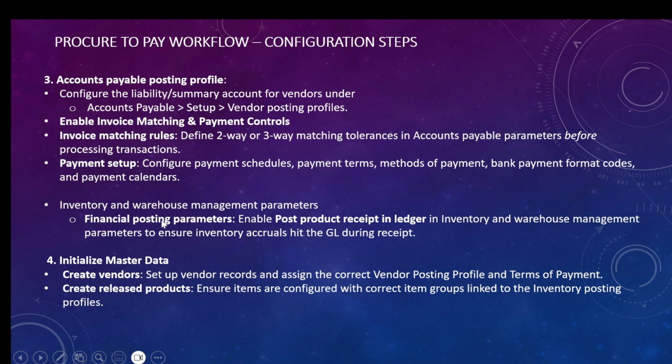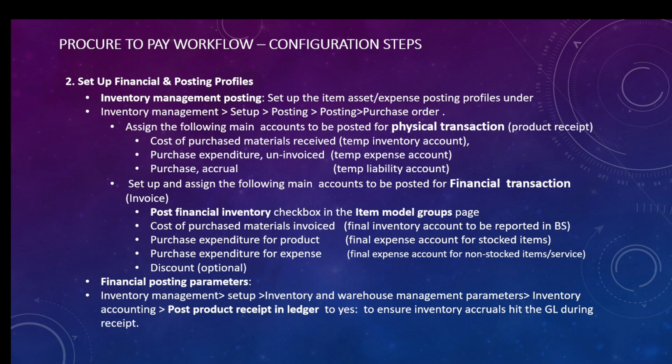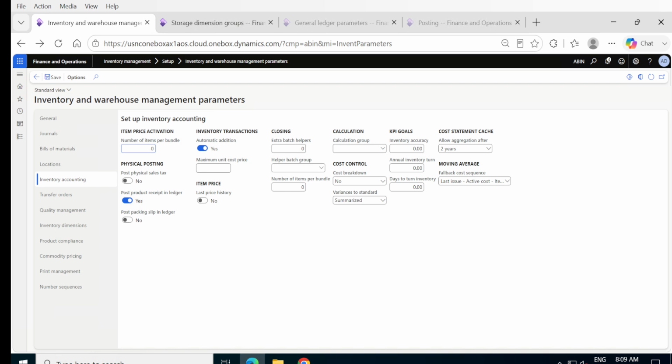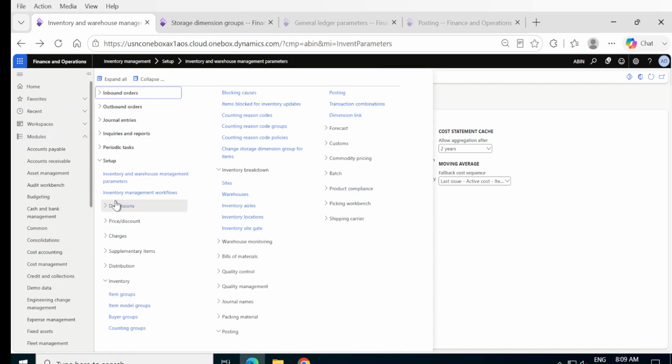And this also we have done: financial posting parameters, enable post product receipt in ledger, inventory and warehouse. Let me check that. So I mentioned that this is available in the inventory and warehouse management module, under setup, inventory and warehouse management parameters.